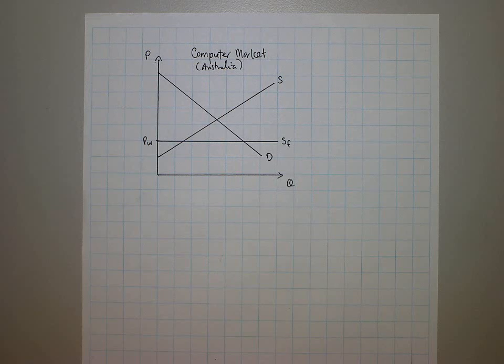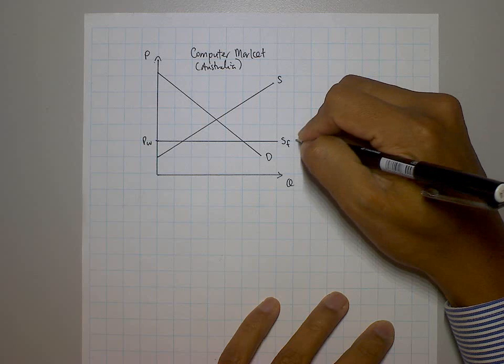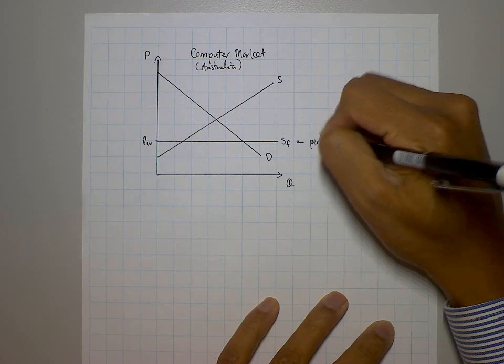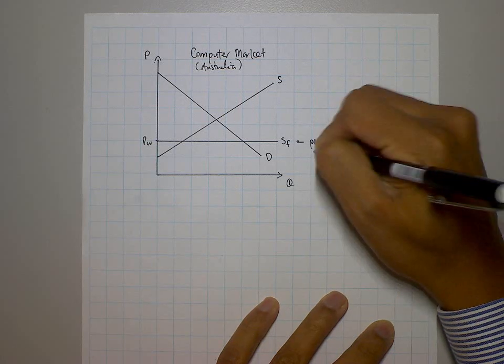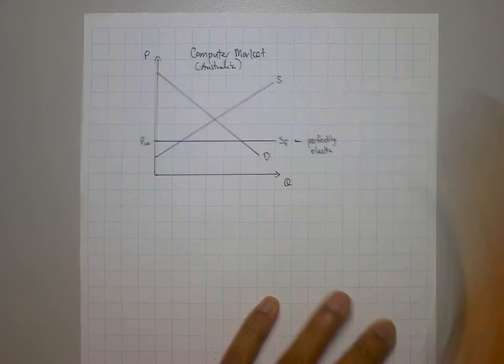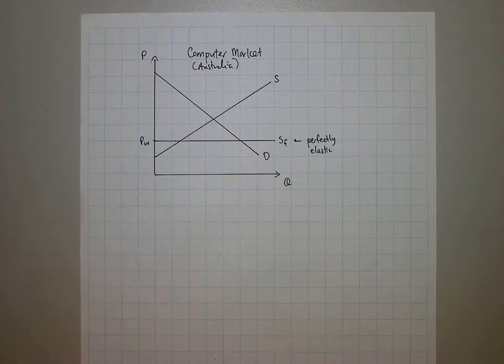If you wanted to use terminology that you learnt last year, you would describe this as being perfectly elastic. So it's a perfectly elastic supply curve. Doesn't matter what quantity demanded is, that supply will be met.